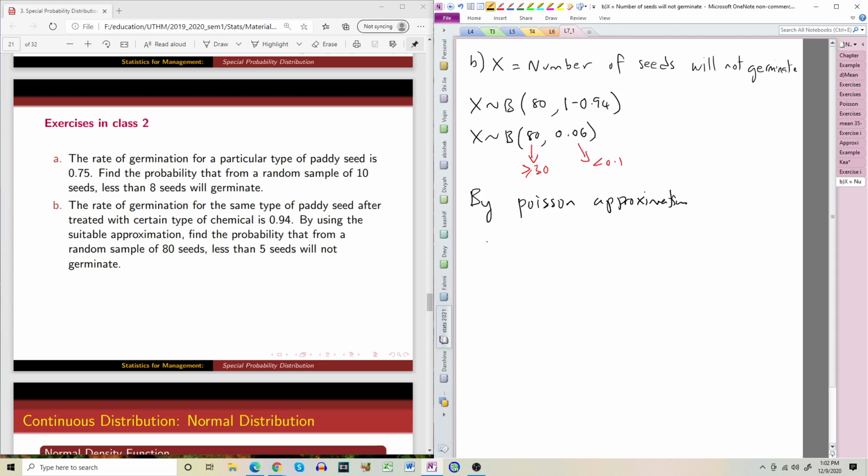By Poisson approximation, 0.8. So the probability of X less than 5 is equal to, use Poisson.